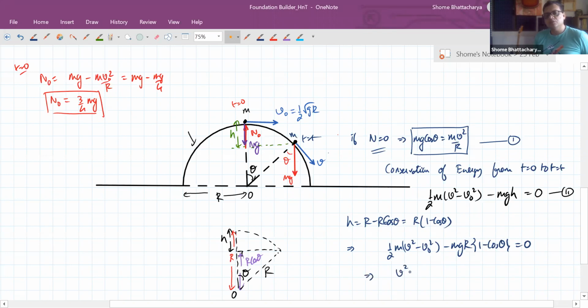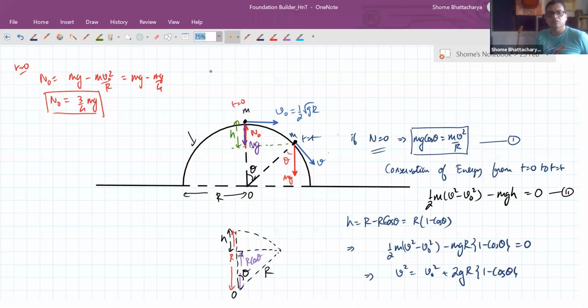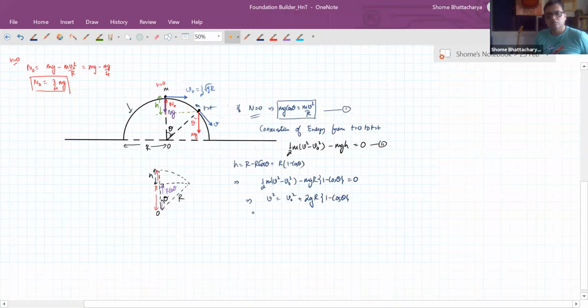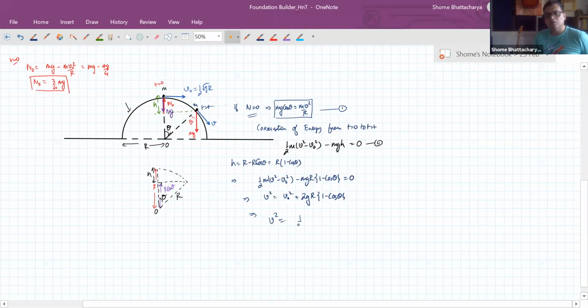So from this we have v square is equal to v naught square plus 2gr into (1 minus cos theta). And remember v naught was half of root gr. So we have v square is (half root gr) square. Okay, so now from equation 1, v square is equal to gr cos theta. Okay, so substitute that here.